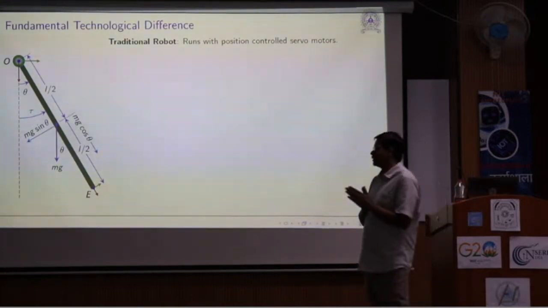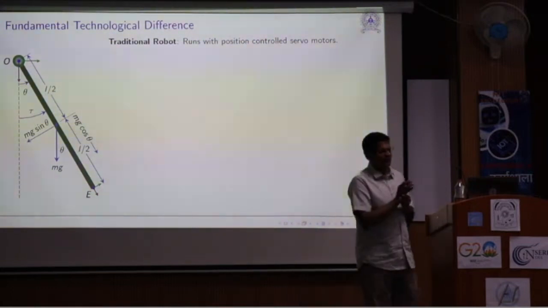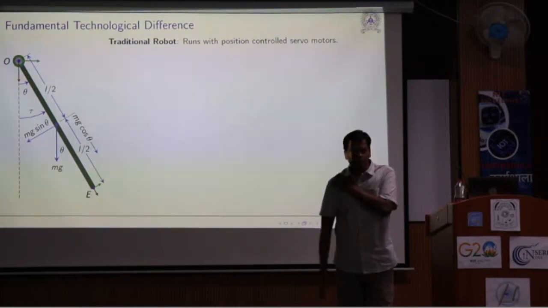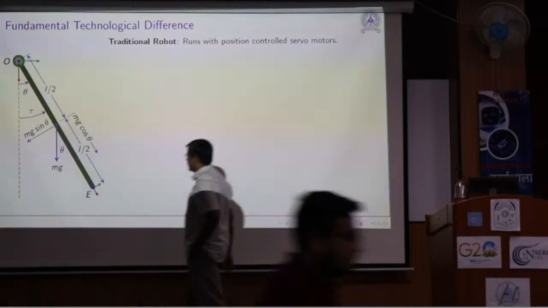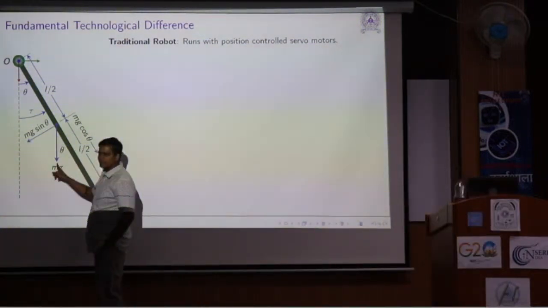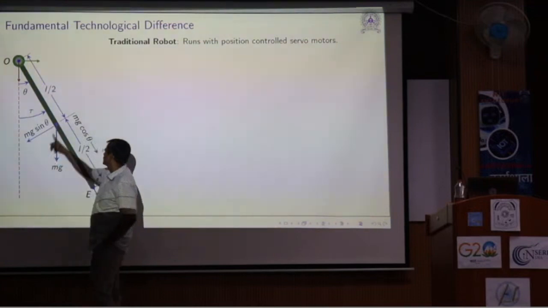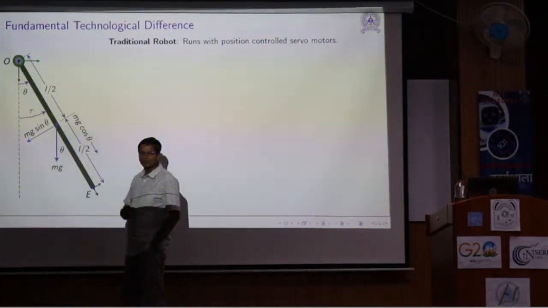Okay, so there is one fundamental difference. If you have seen a simple link hanging from a point, तो याद होगा ये फॉर्मूला, बहुत दिनों से देखा है. This is a link, this is the mg, which is going to come in two components: mg sin theta and mg cos theta. What is the tension in this rod?